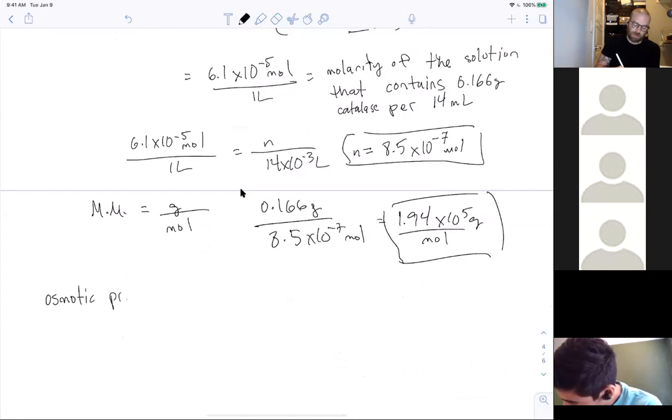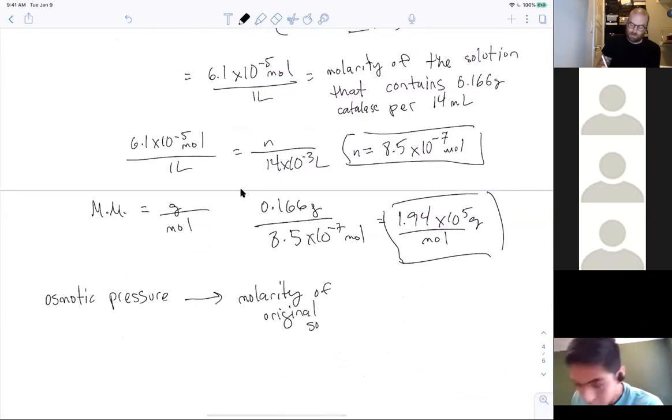So osmotic pressure allows us to calculate the molarity of the original solution.